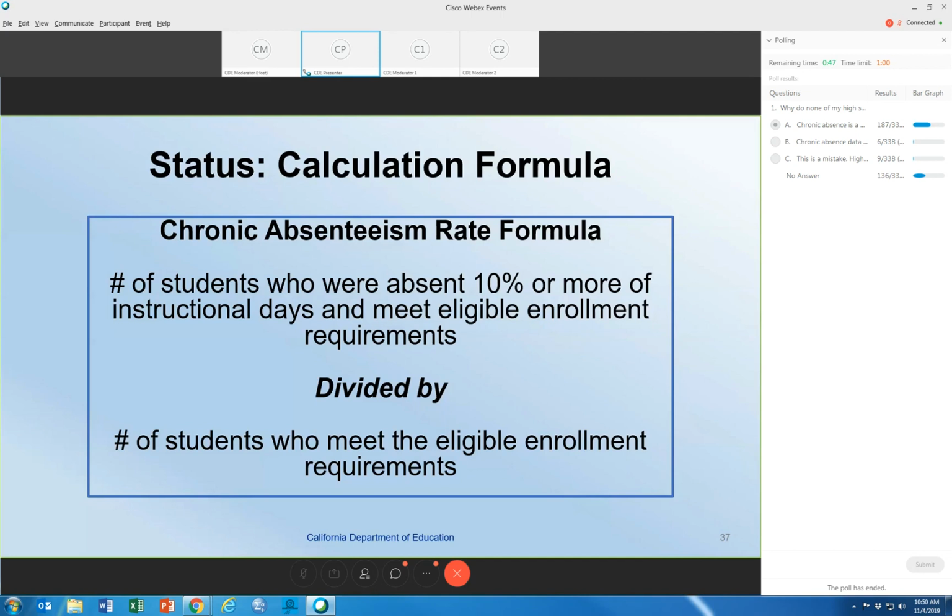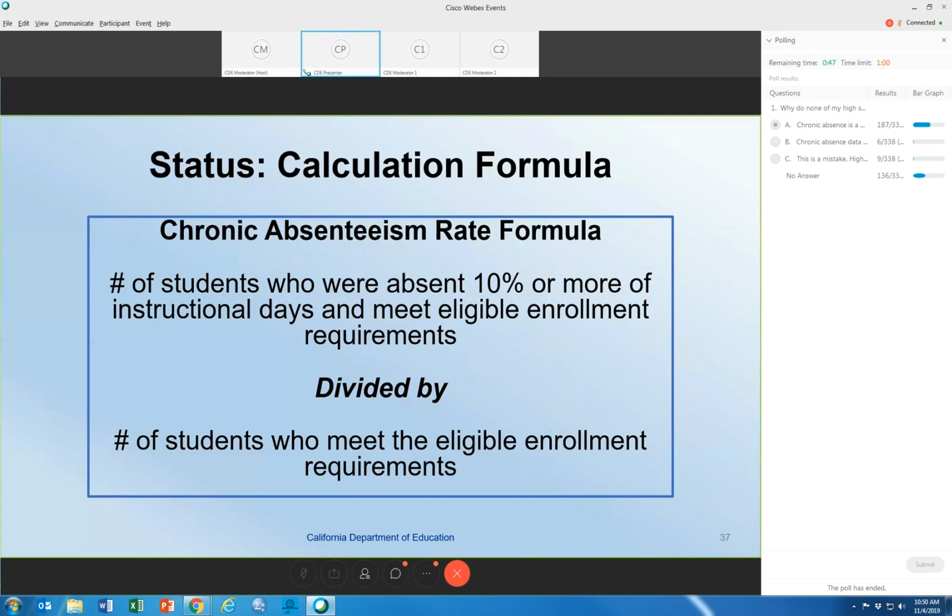We divide the number of students who are chronically absent for more than 10% of instructional days by the total number of students who meet the eligible enrollment requirements. We talked about earlier, those who have been enrolled at least 31 instructional days and who have attended at least one day.